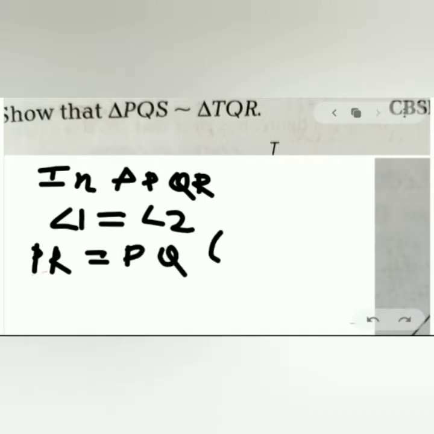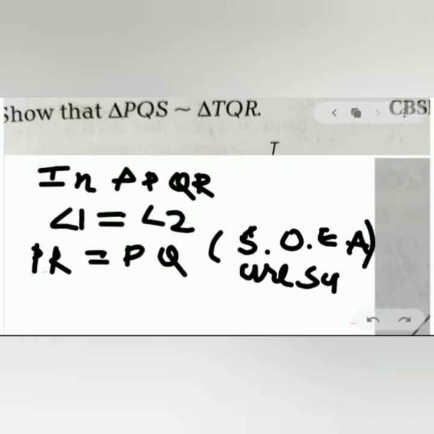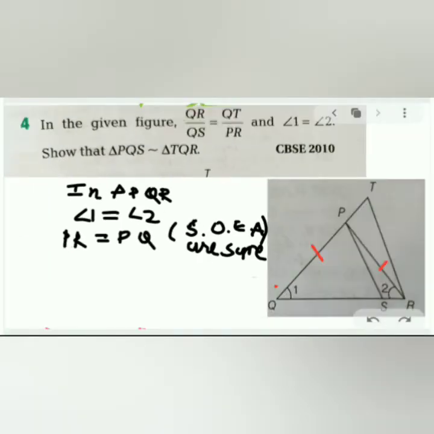This is how we wrote it, because sides opposite to equal angles of a triangle are equal. So I am writing in brackets: sides opposite to equal angles are the same. From that we have written this.